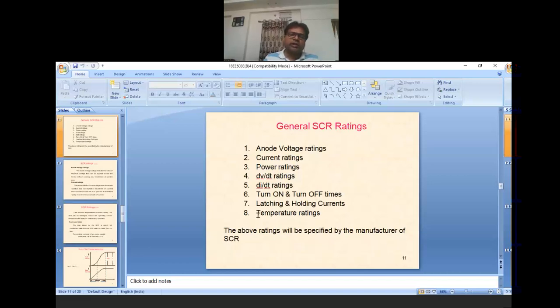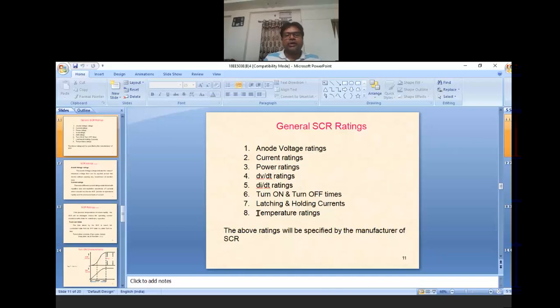And last but most important are temperature ratings. Due to all these parameters, anode current, anode voltage, gate current, gate voltage, power dissipation in the SCR and gate, dV by dt, di by dt in gate and also SCR, there will be an increase in junction temperatures between PN junctions and also the gate and inner P junctions.